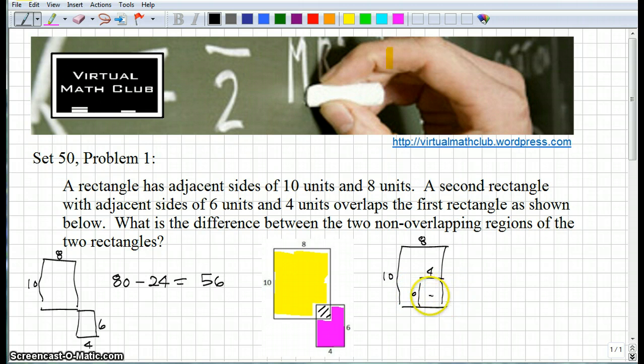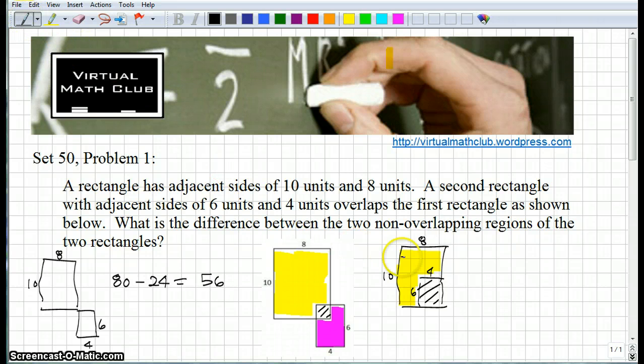And in this case, the overlapping region is essentially the whole small rectangle. So the non-overlapping region is this part right here. And the difference between the non-overlapping regions is just going to be this yellow area.